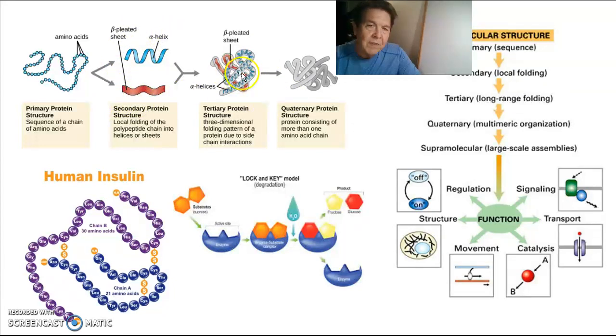In the case of the tertiary ones, we have several interactions like hydrophilic interaction, salt bridges, disulfide bonds, and so on. The union of several tertiary structures produces the globular structure in the proteins, or quaternary structure.